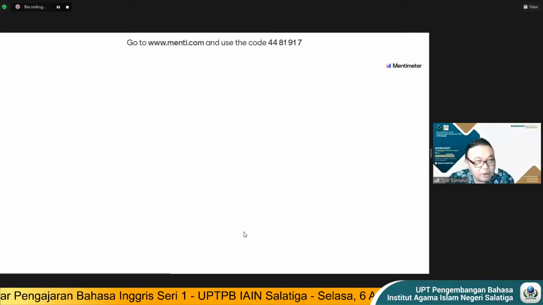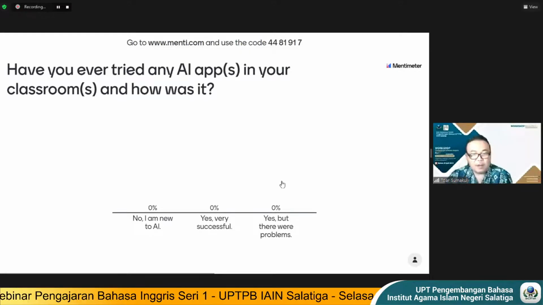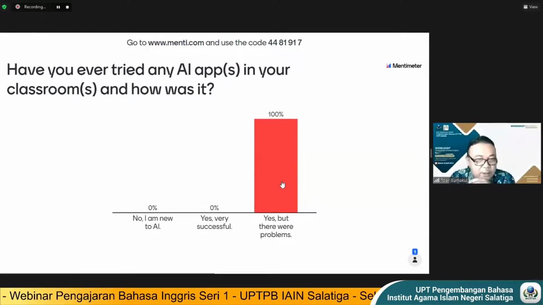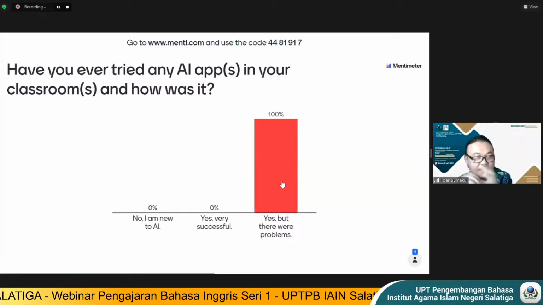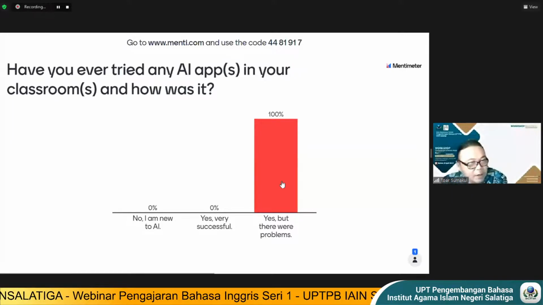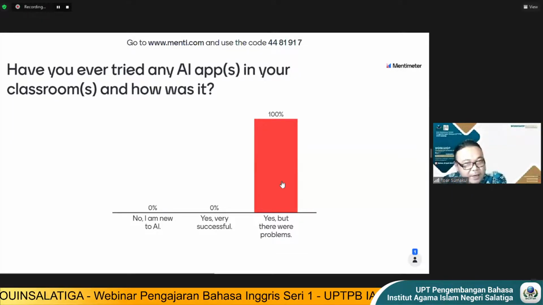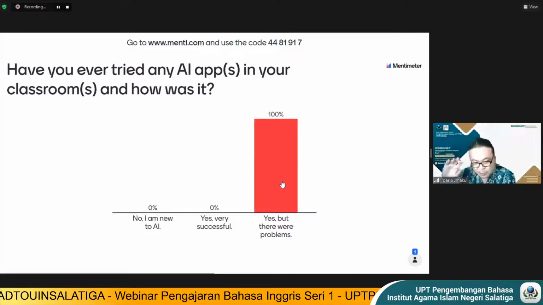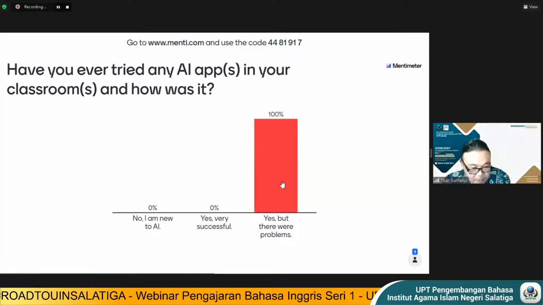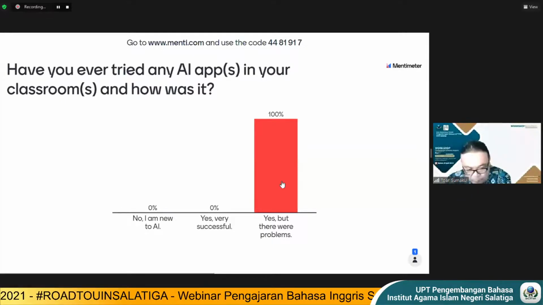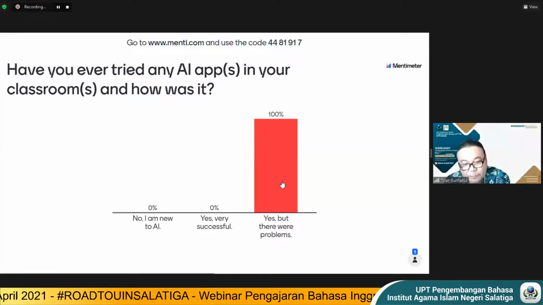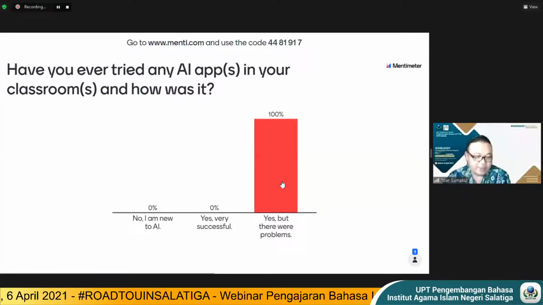Still on menti.com. Now, I saw that many of you are already familiar faces and names to me. So probably some of you have tried AI apps in your classroom. This is a multiple choice question. You just choose whether you are new to AI, you have tried it before and it was very successful, or you have tried it but there were problems.